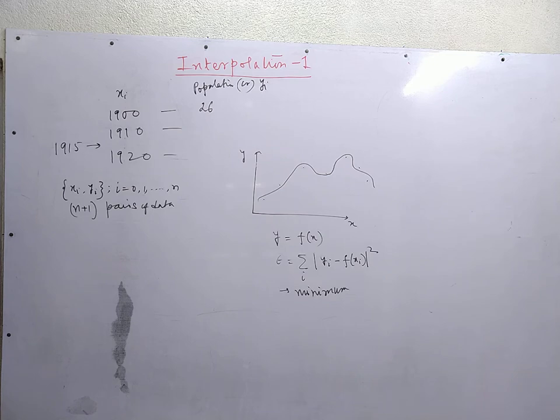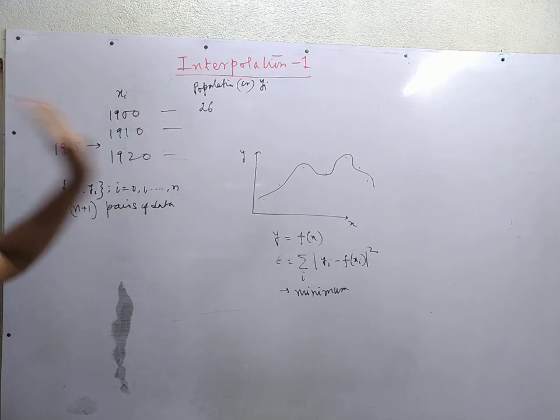In interpolation, another technique is used. In interpolation, one assumes a form of the function y, and the unknown coefficients of this function are so adjusted that if we use the value of x5, then we exactly get the y5.